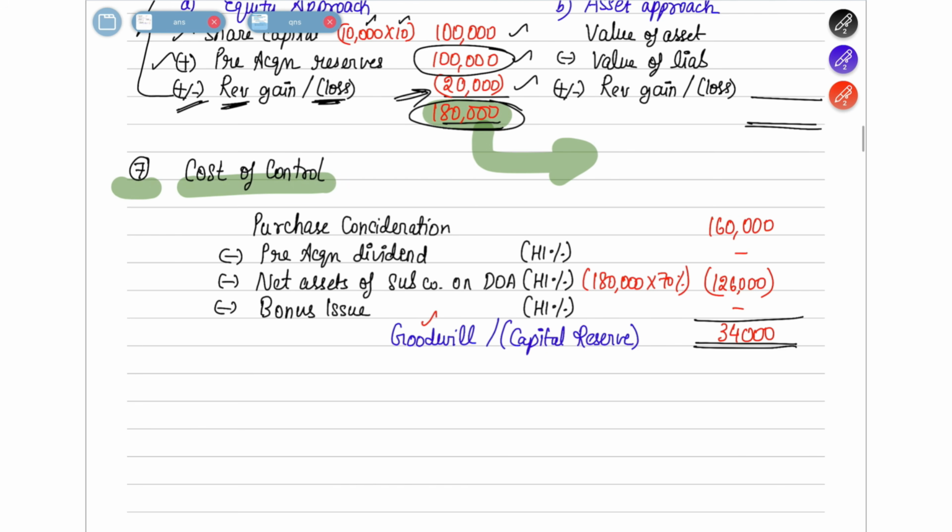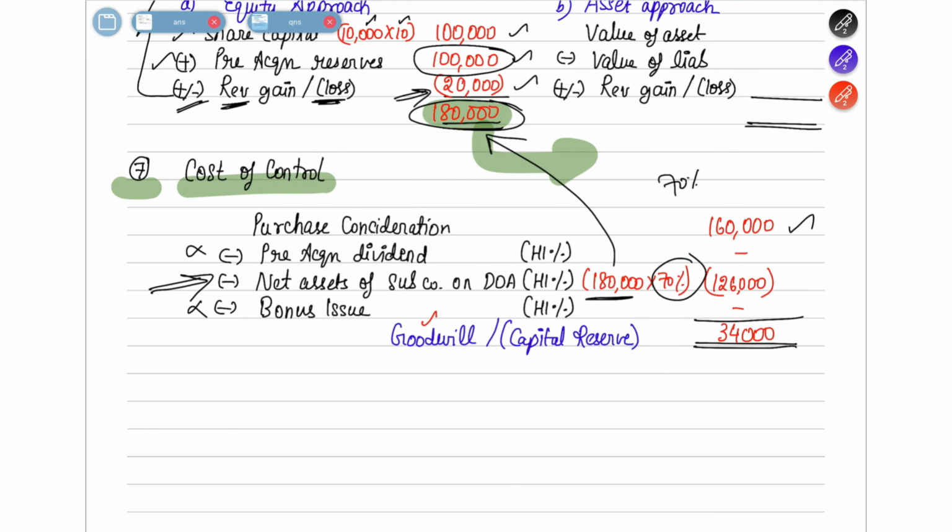So in the next step, we have to see what is the cost of control. Already we saw in the question that for the purchase consideration to acquire 70% interest, they paid 1,60,000 rupees. So that is the purchase consideration. There is no pre-acquisition dividend, no bonus issue. All you have is the net assets that you have taken over. The total net assets found in the previous step was 1,80,000. In that you have taken over 70%.